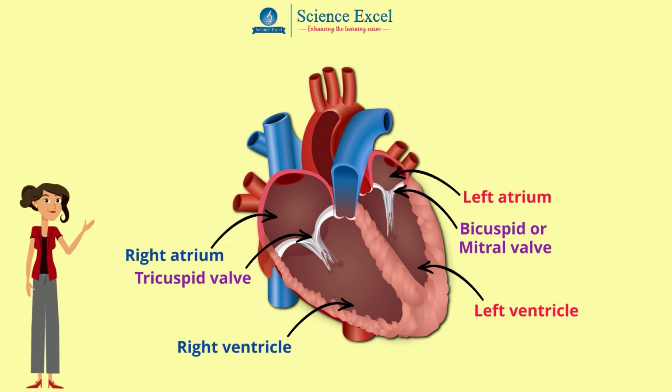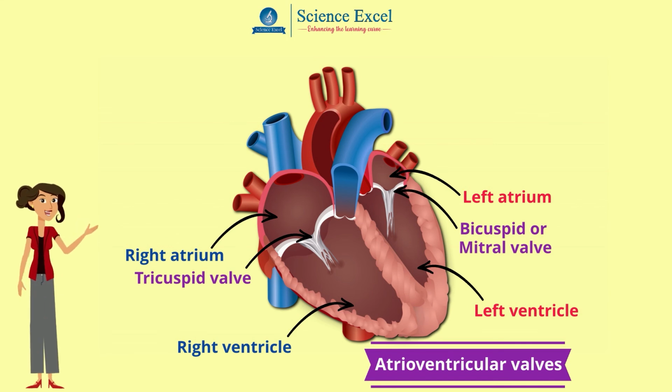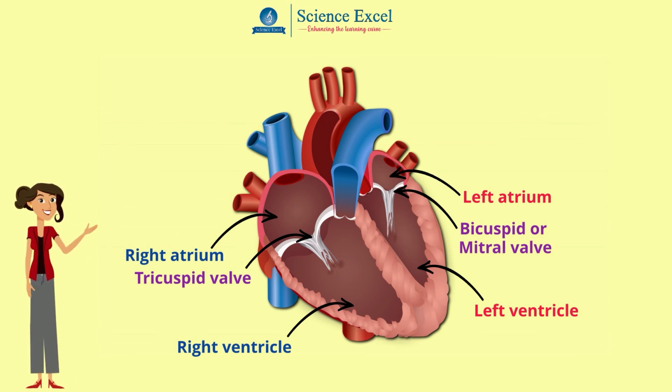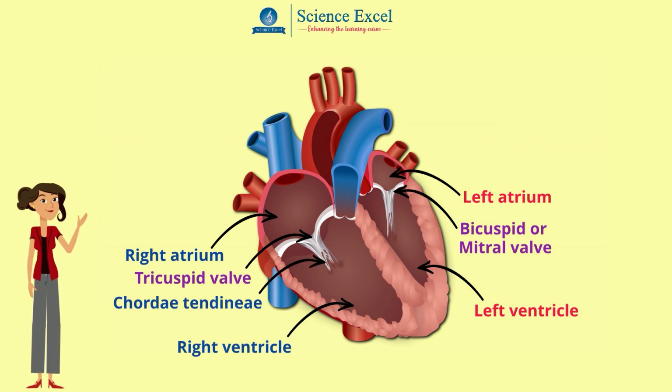Together, they are called atrioventricular valves. The leaflets of these atrioventricular valves are connected to fibrous tissues called chordae tendineae that hold the valves in position and prevent their overturning into the atria.